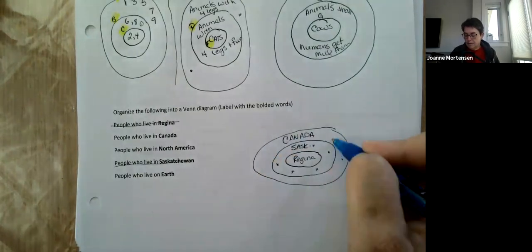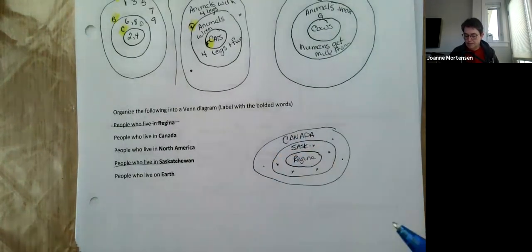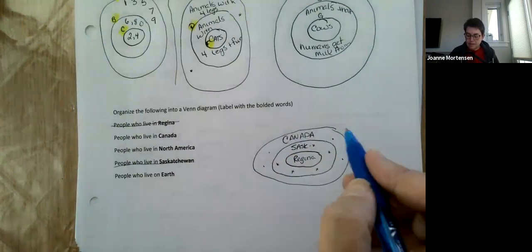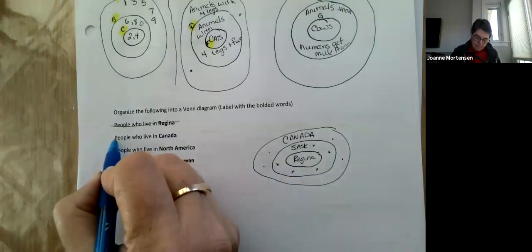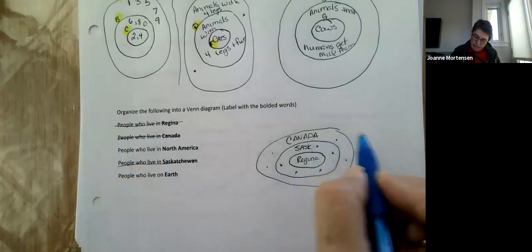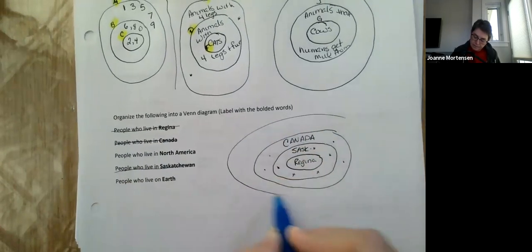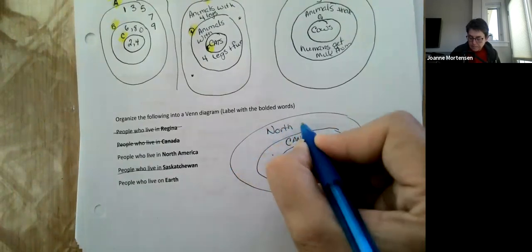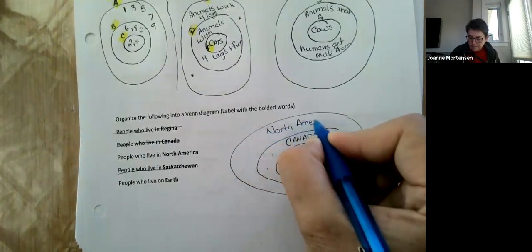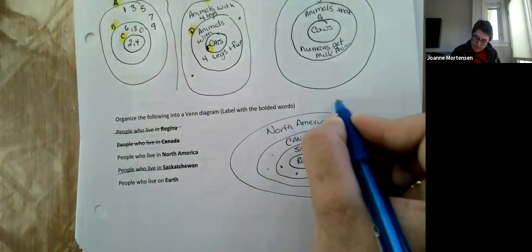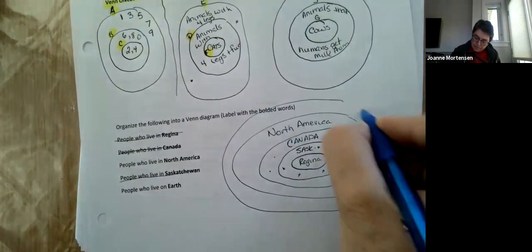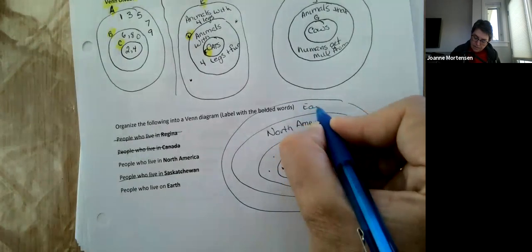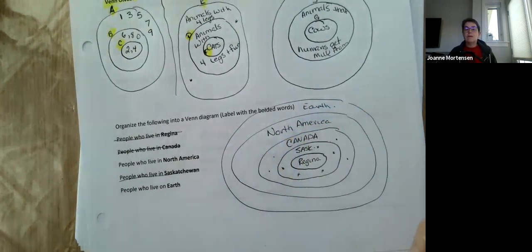So Ontario, BC, Manitoba, Winnipeg, whatever you want, right? And then North America. And last one is Earth. And there we go.